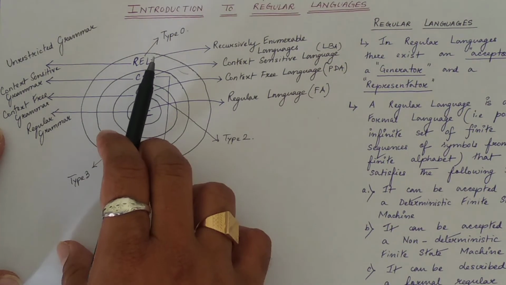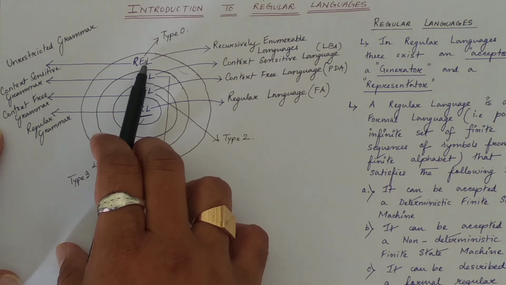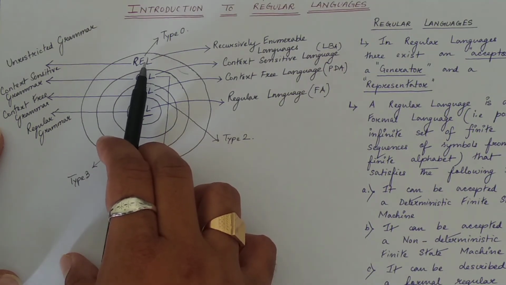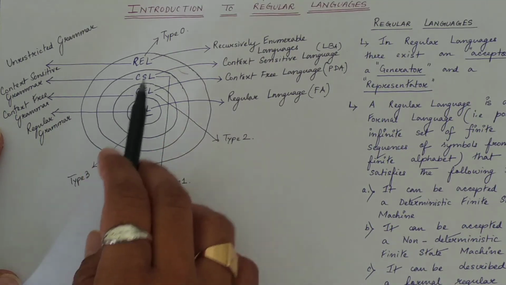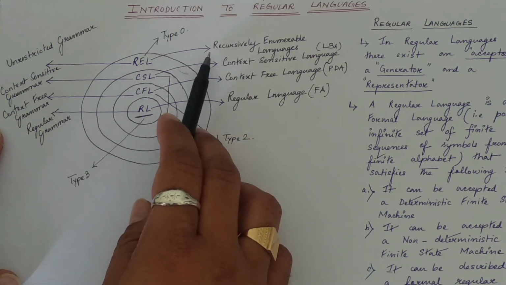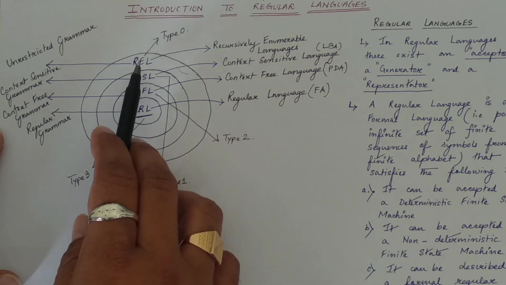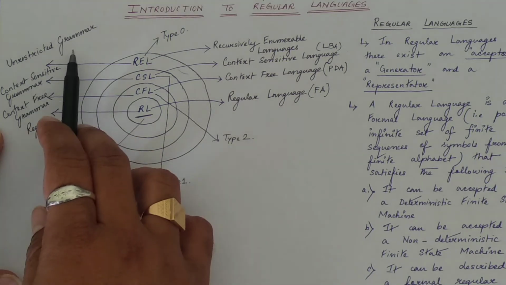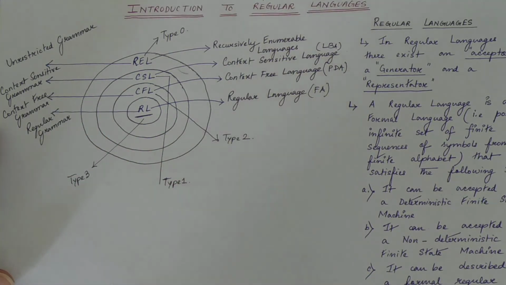And then finally, we will be coming across type 0, which is the highest level, whose expressive power is more in comparison to all these, and that is known as recursively enumerable language, or recursive language. The set of rules defined by this language is known as unrestricted grammar, and sometimes they also say recursively enumerable grammar.